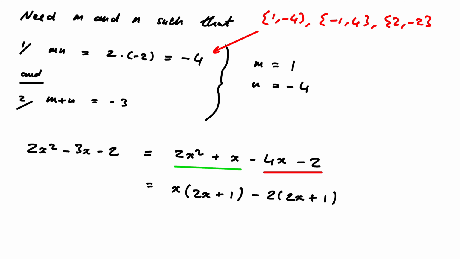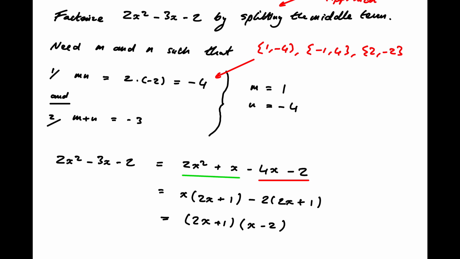I'm being careful here, turning it into a bracket. I need a minus, so that has to be a plus inside. Then I've got the same factor, so I bring out the 2x plus 1, and I'm left with x minus 2, which is exactly the same as the previous example, except not done systematically.